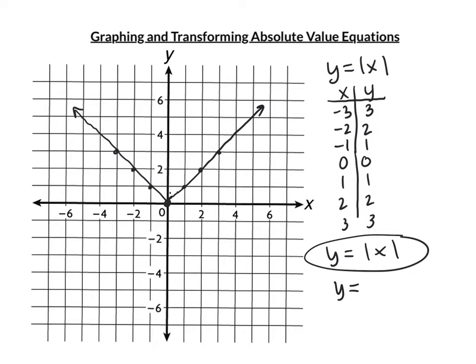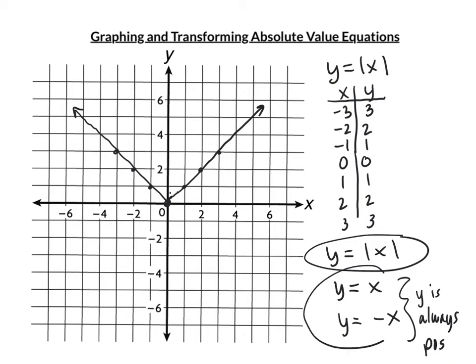It's y equals x, that's when x is positive, and y equals negative x, because when I take the absolute value of negative x, it becomes positive. But again, keep in mind, y is always positive. So these graphs are correct, except for y can never be negative, which is why we get a perfect V.